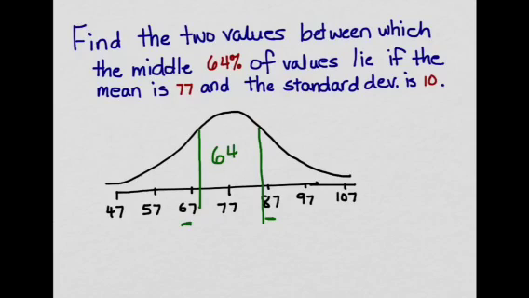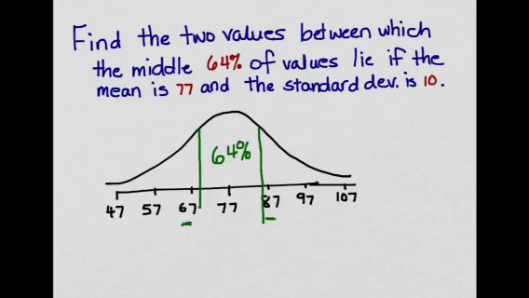I just want to mark 64% under my normal distribution, and then I look to see, well, then what percentage is in the tails? So the tail areas, here's the left-hand tail, and this extends all the way out to negative infinity. And then here's the right-hand tail. This extends all the way to positive infinity.